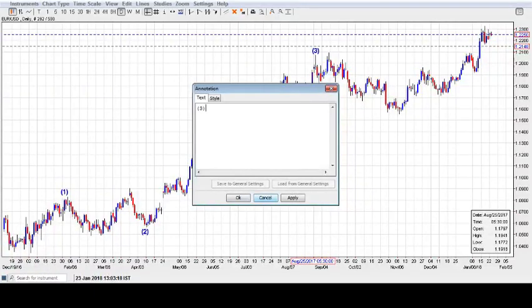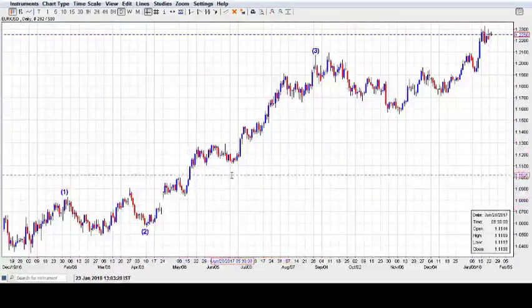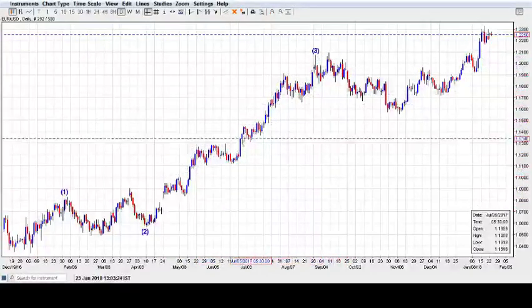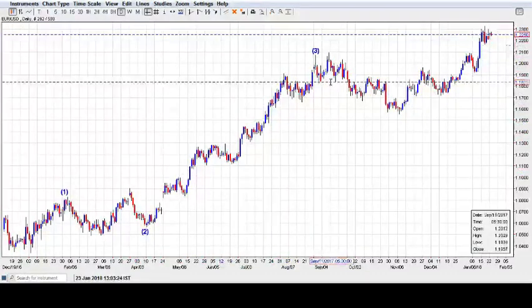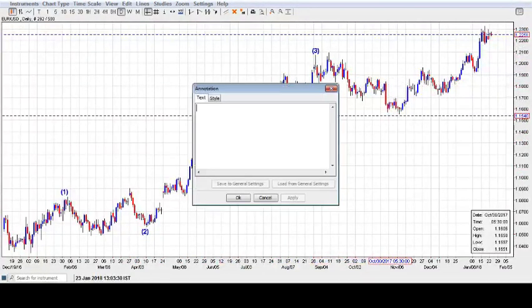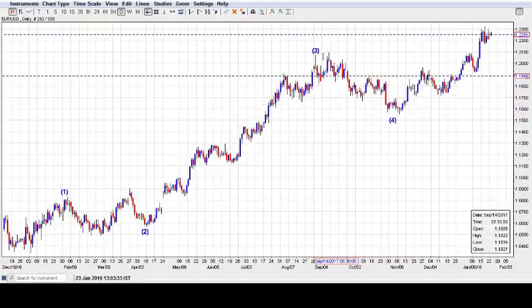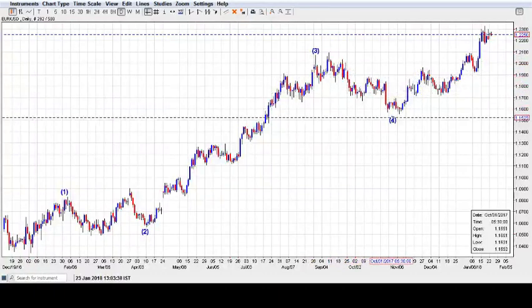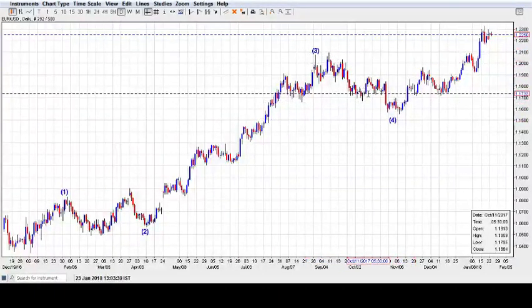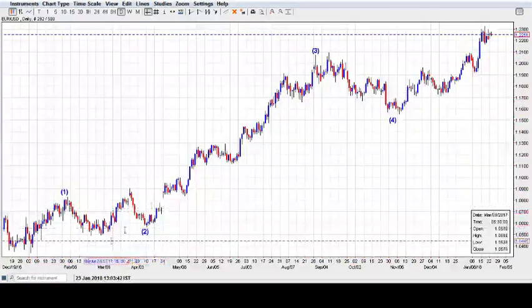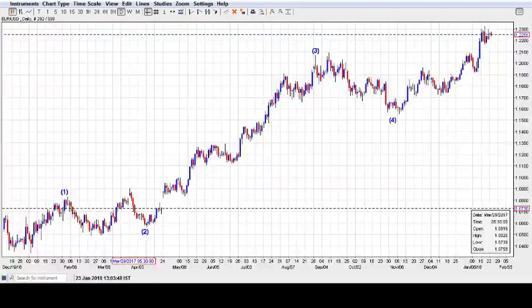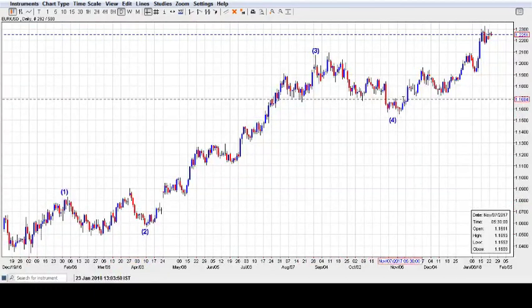Waves 1, 2 extended, wave 3. Please remember, in the third wave extension, the fifth wave was the one which was extended. And then you got wave 4. Just a quick explanation: 5, 3 and 5, that was a zigzag, and an expanded flat in the second wave.